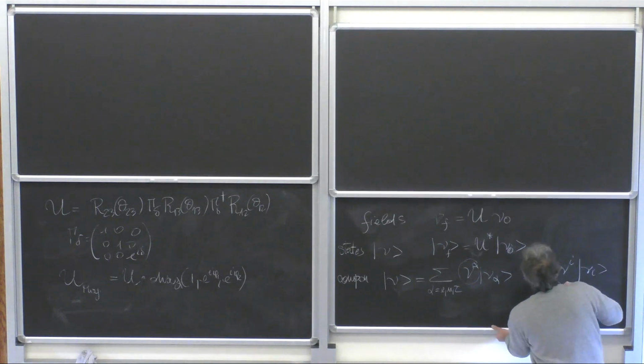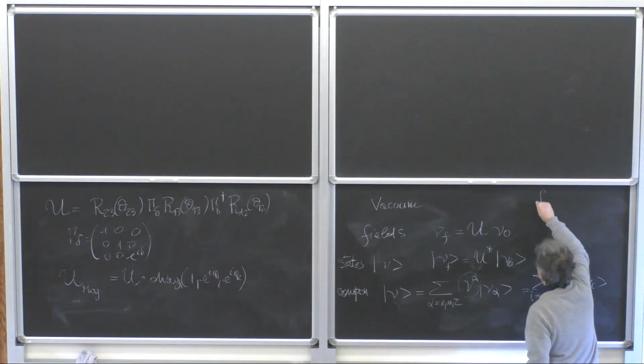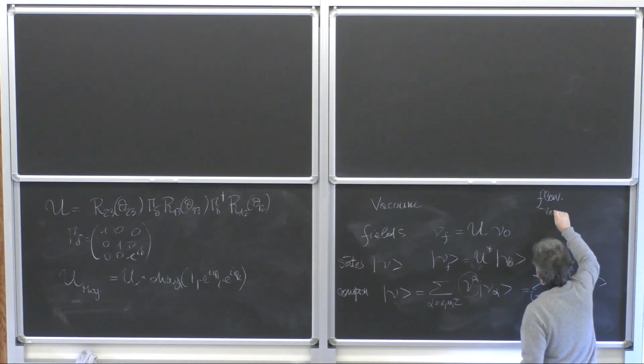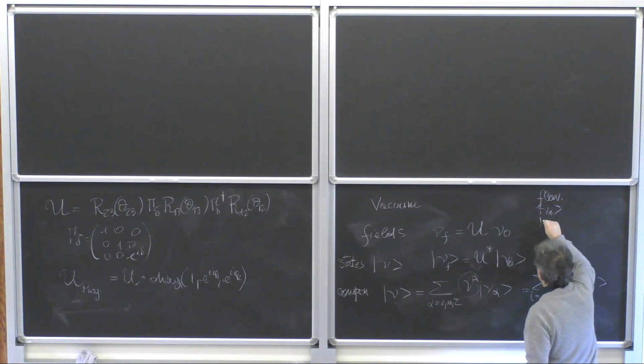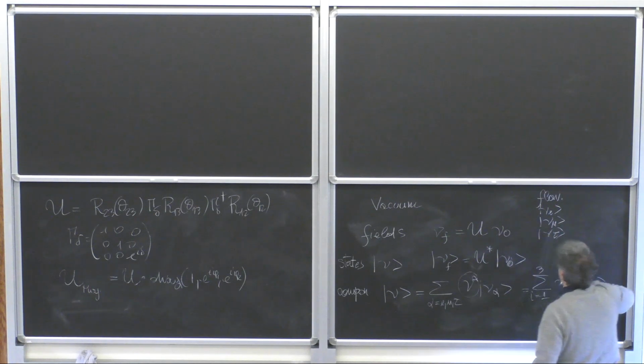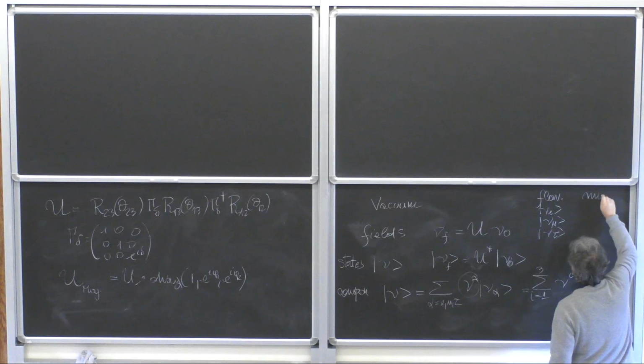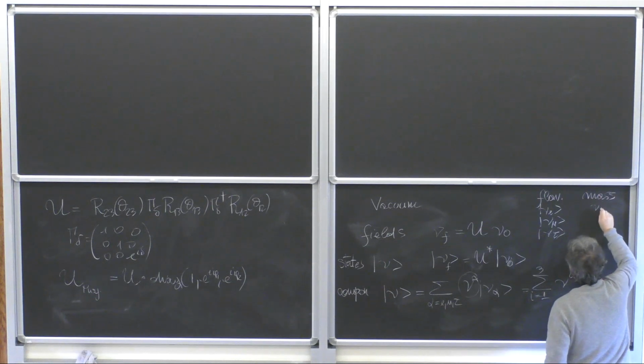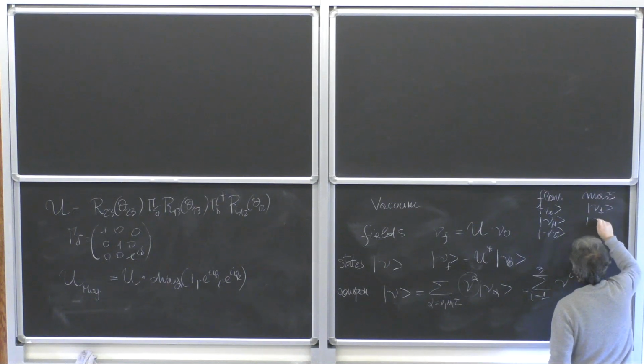So we consider the flavor eigenstates nu e, nu mu, and nu tau, and the mass eigenstates nu1, nu2, and nu3.